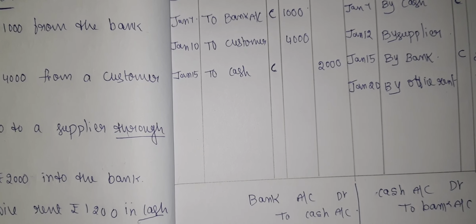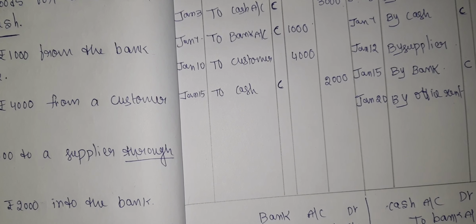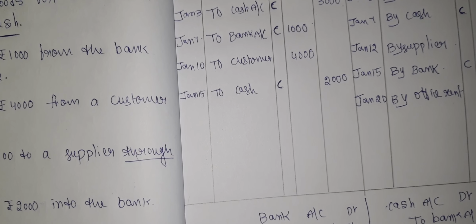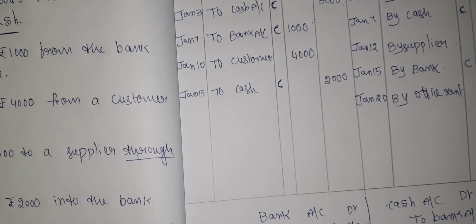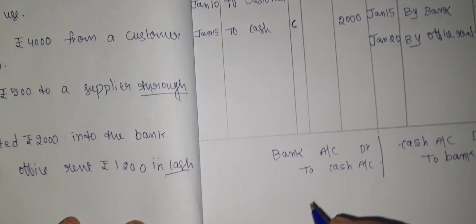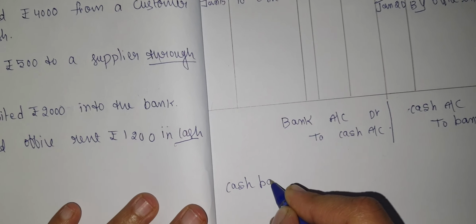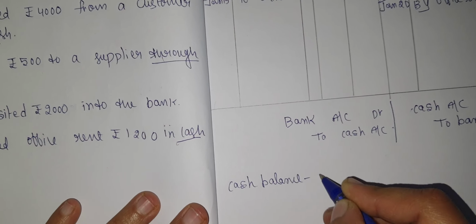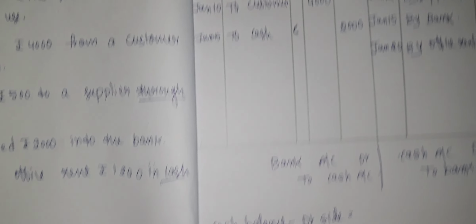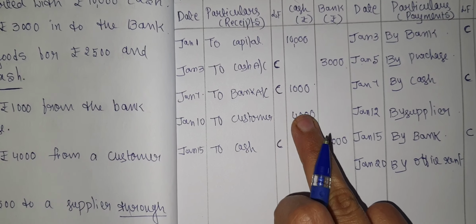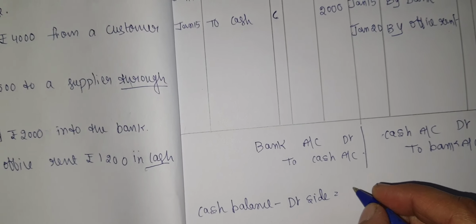Okay. Now we will check the total. First, how we have to check the total? First one, we will check down here, see here, cash balance. That is debit side, that is rupees here 10,000 plus 1,000, 11,000 plus 4,000, 15,000.